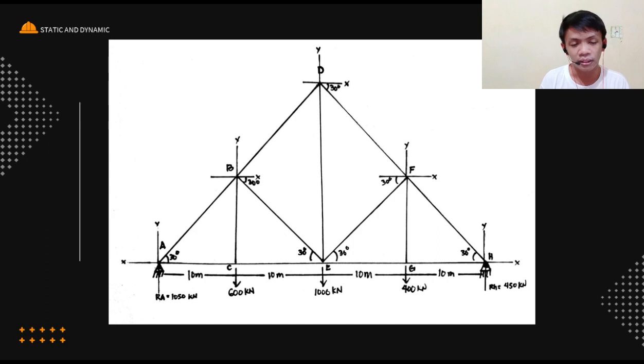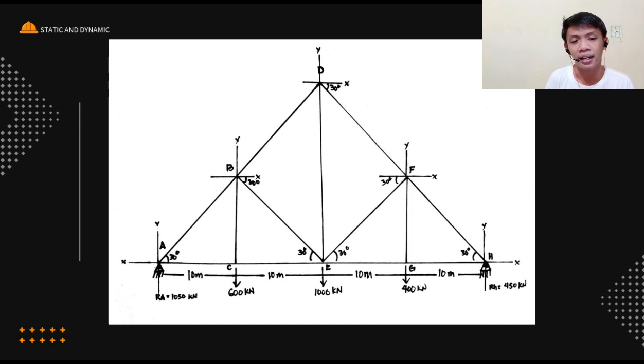Since nag-section nga tayo, may tatamaan yung mga members or lines. Ang tatamaan ay si member CE, BE, and BD. Pagkatapos natin mag-section, mag-a-assume tayo kung tension ba or compression yung members natin. I-assume natin sa member CE na siya ay tension.